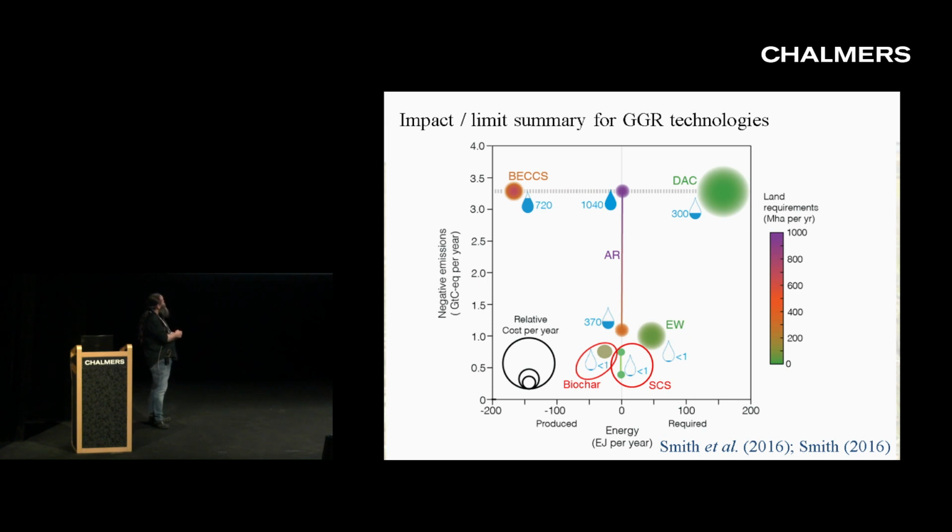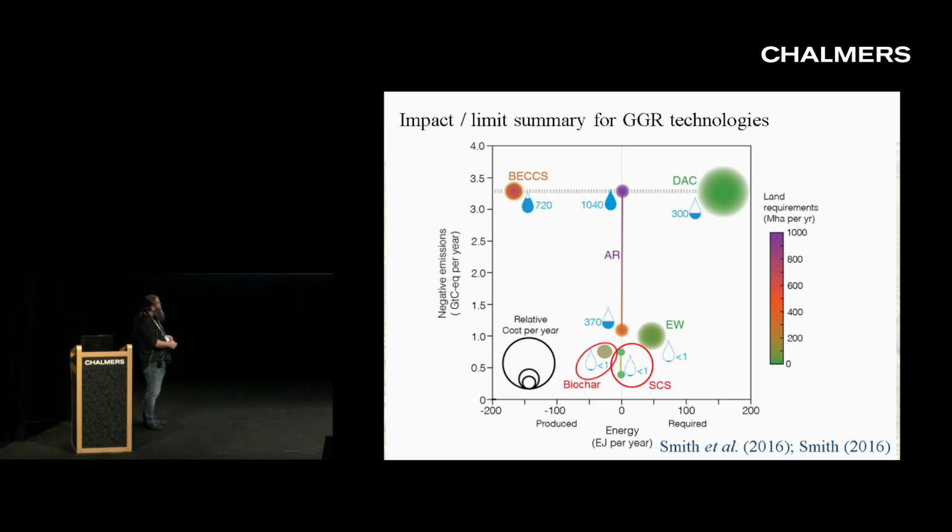You can see that BECCS and direct air capture give you a potential of getting to roughly 3.3 gigatons. If we're looking at biochar and soil carbon sequestration, we're down here at less than a gigaton of carbon, but that's still maybe 3 or so gigatons CO2 per year, so not negligible.